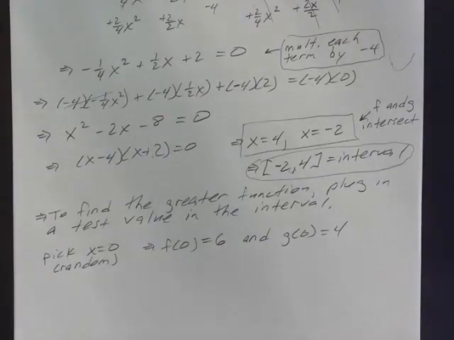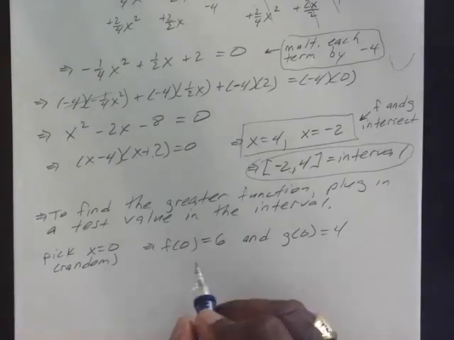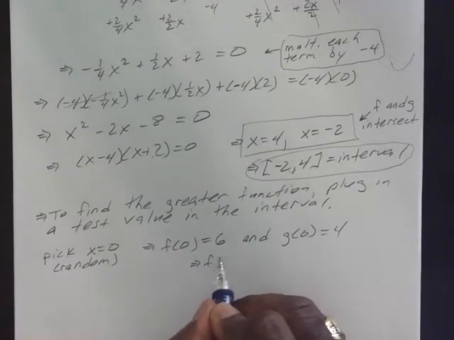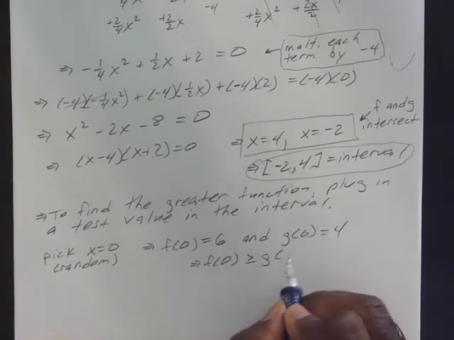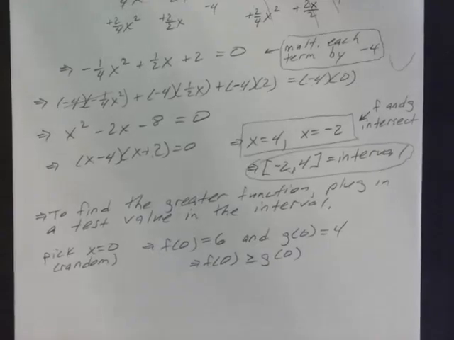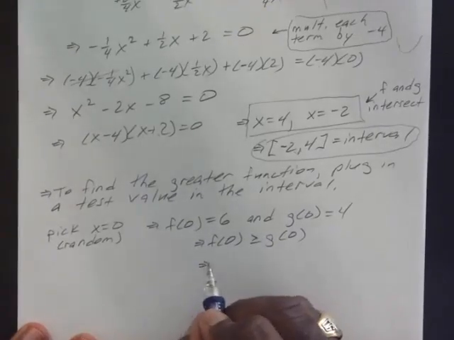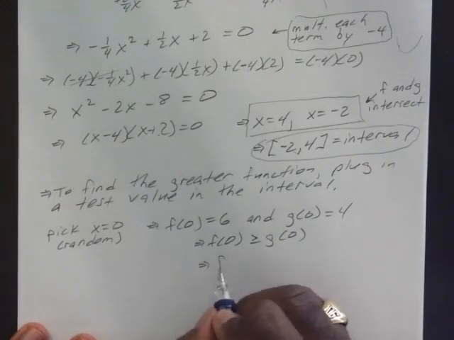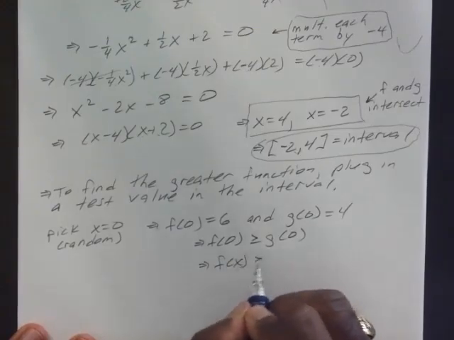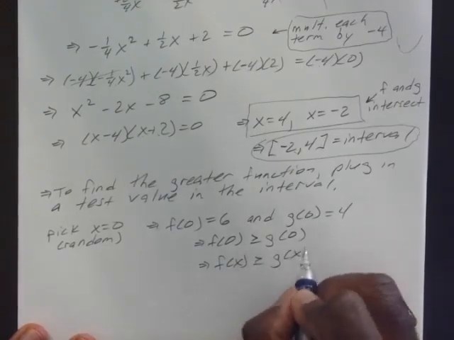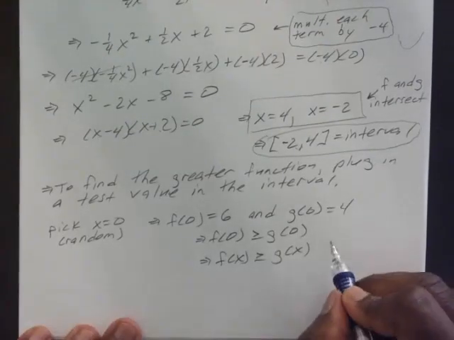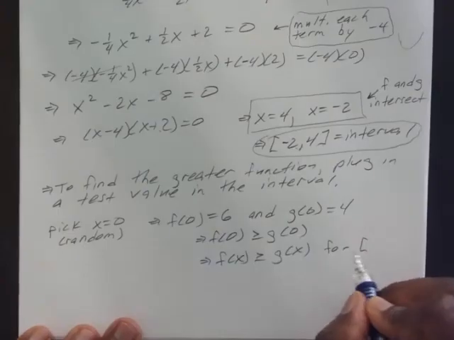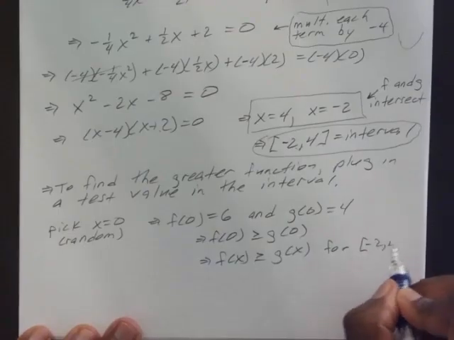Okay, so we know that just on this interval, since f of 0 is greater than or equal to g of 0, then that means for this interval, f of x is greater than or equal to g of x. For the interval from -2 to 4.